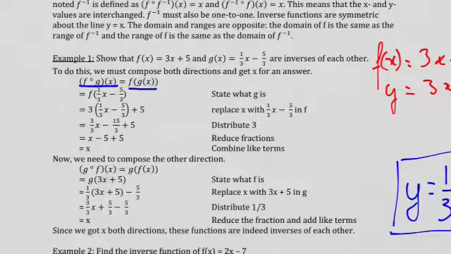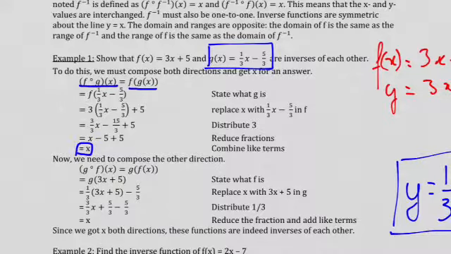Let's pretend that for the function g of x, we don't know if it's the inverse of f of x. And let's try to compose these two functions with each other. And what's going to happen is going to be amazing, because when we compose in both directions, we end up with the answer equal to x.